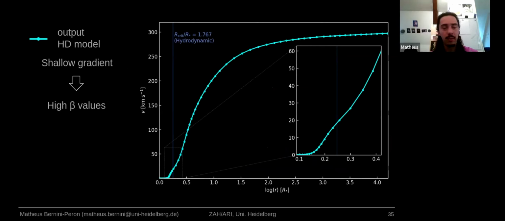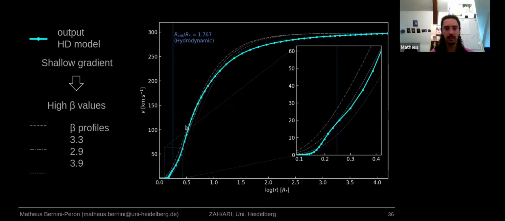And this shallow gradient, when we translate it to more traditional stellar spectroscopic modeling, going back to the primordial radiatively driven wind theories, the CAK theories, corresponds to high beta values. Beta is the parameter which controls how shallow or sharp an input velocity profile is.